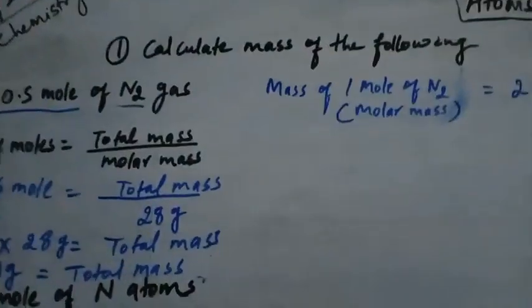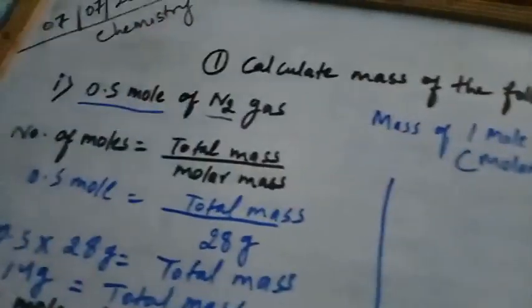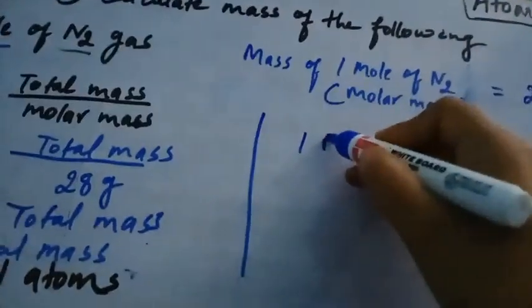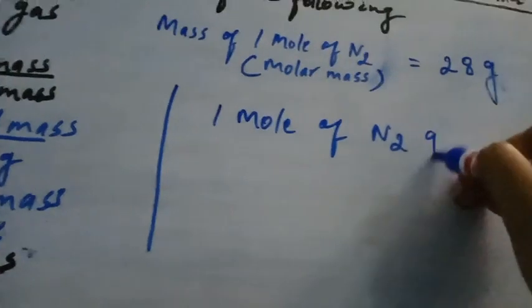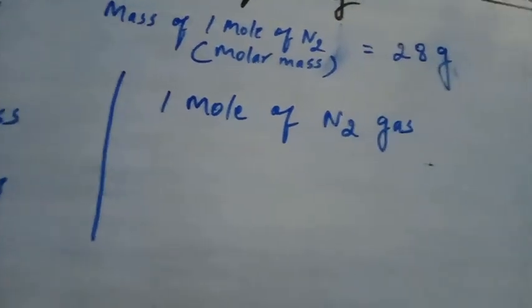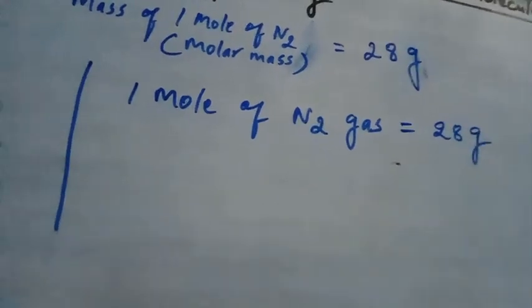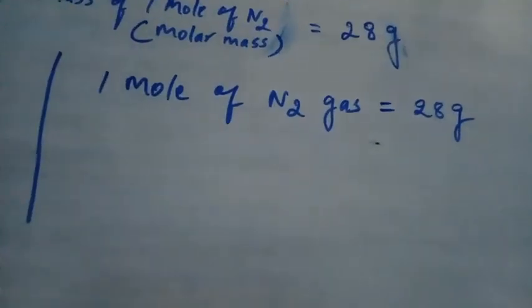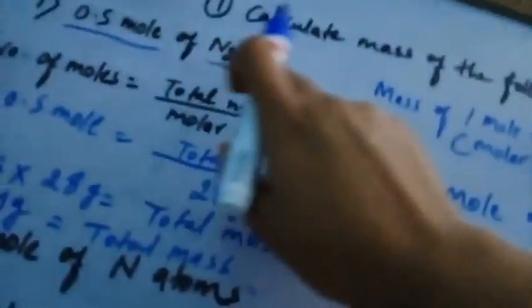One more method we can employ, just like that. You know that 1 mole of N2 gas contains 28 grams of it. You know that. So it is asking the mass of 0.5 moles of N2 gas.